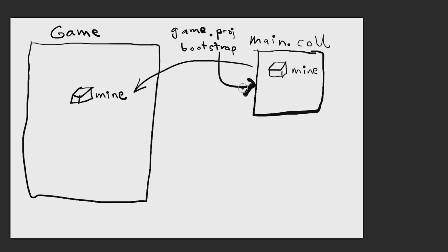What happens though is that in our game we have a main collection, and it's the first level. Here is level 1, or it was actually level 2 that we started with.